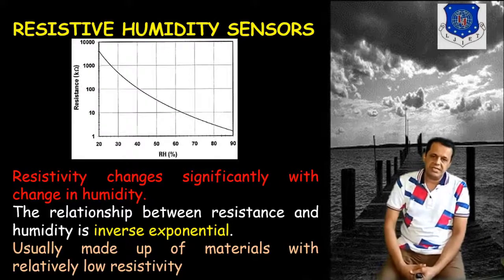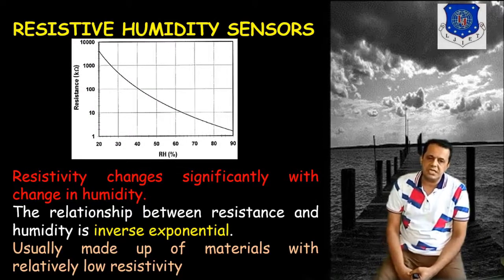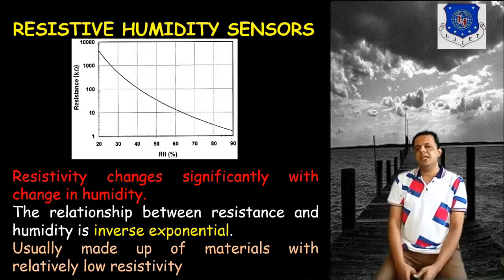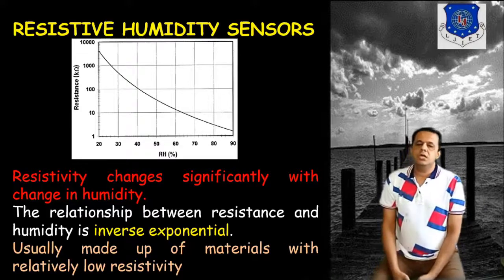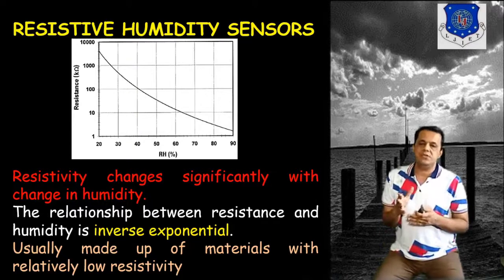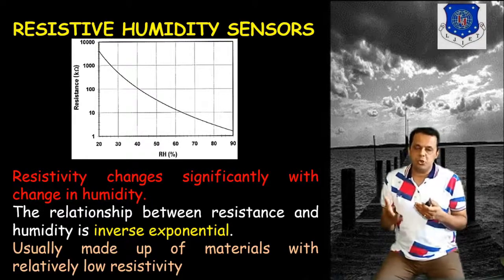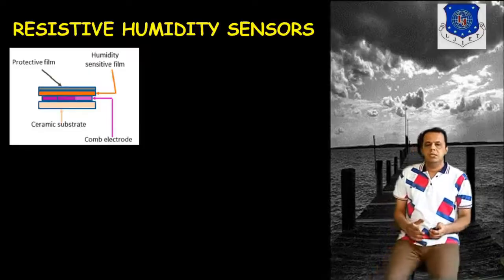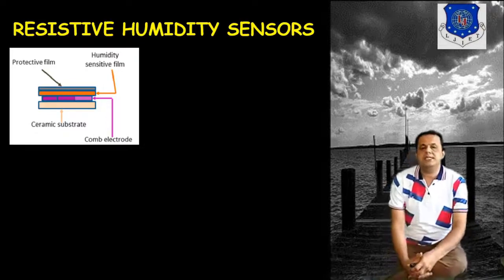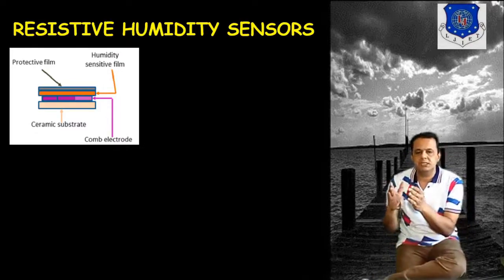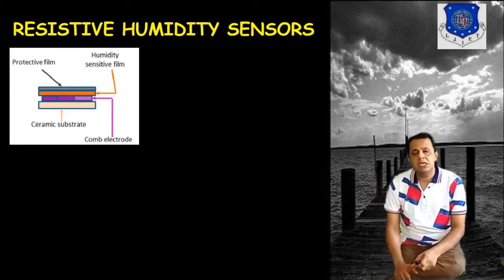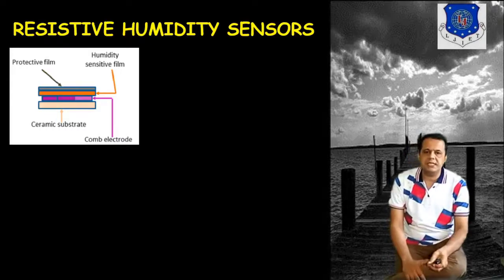Here you see the sample graph where resistance is decreasing with increase in humidity. Here the sensors have relatively very low resistivity, because with low resistivity it will respond even to a very small change in RH. The resistive humidity sensor has a similar kind of construction, but instead of a dielectric medium we will be using a comb electrode with a humidity sensitive film.